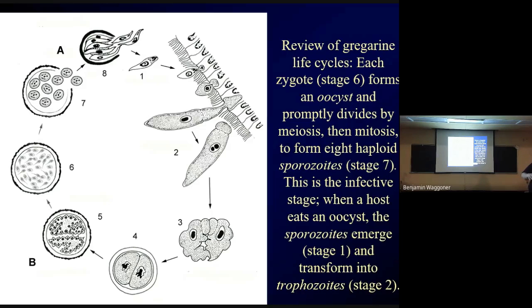The gametes pair up to form zygotes, but that's the only diploid stage in the life cycle, and each zygote immediately divides by meiosis and again by mitosis to make 8 haploid sporozoites, each one in an oocyst. So you have a bunch of oocysts inside a gametocyst. The oocysts break out, and in some species it's kind of entertaining how they do that.